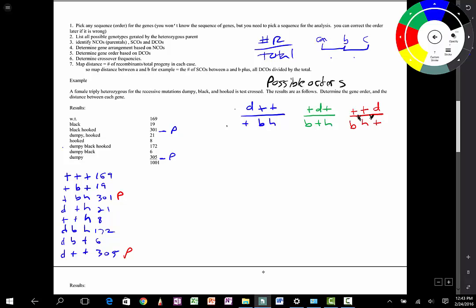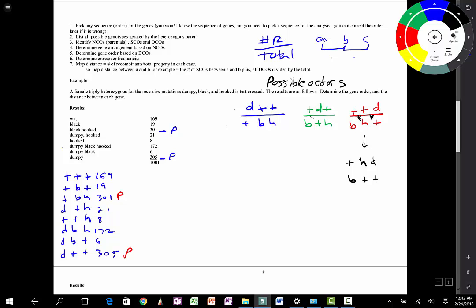So the H in the middle flips sides, and we get plus HD, and we'll also get B plus plus. So those are the types of gametes that we would get if we had a double crossover between B and H, if it was in that order.